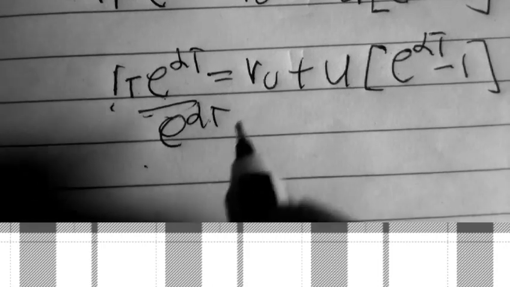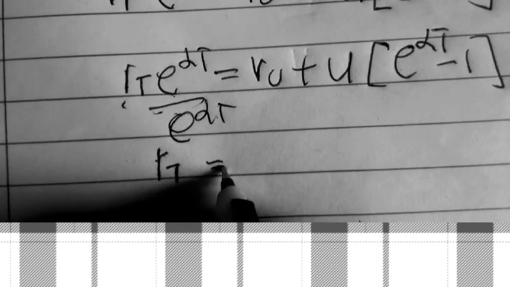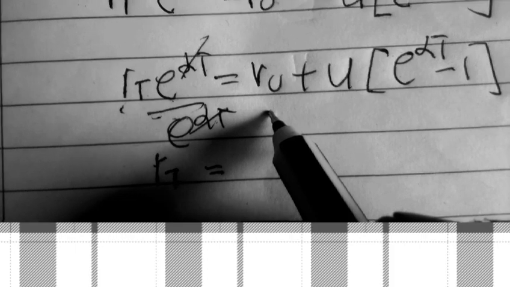You get R_T is equal to, when we divide this one, we cancel, but if we divide with this one, it becomes opposite, negative.